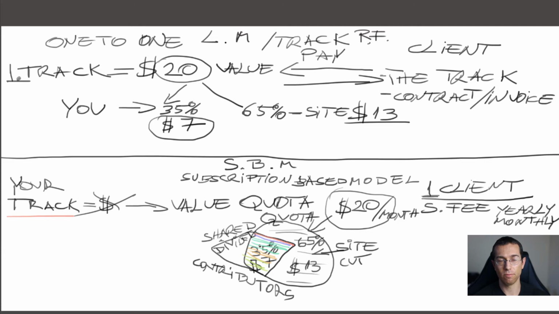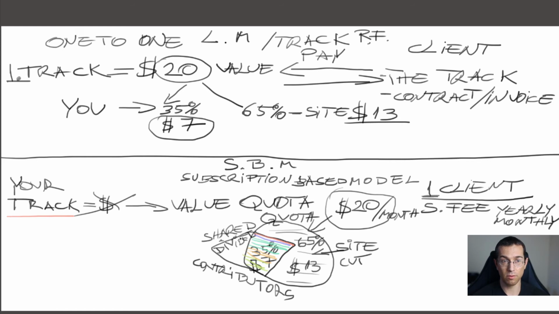And let's say, for the sake of understanding, this client downloaded from 100 contributors in a month, because he didn't find all the tracks just from you.